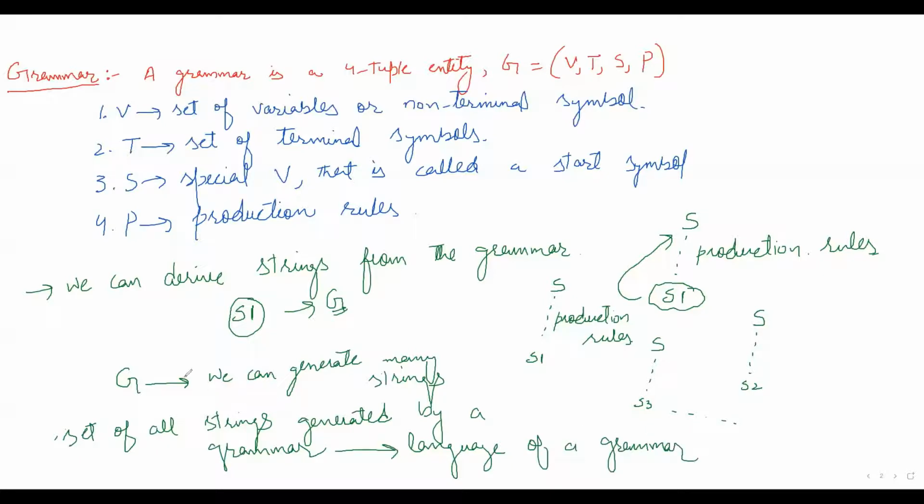Okay. So for example, here I am saying the grammar is G, and these are the strings generated by this grammar. Then the language generated by this grammar, or we can say the language of this grammar, will be the set of strings that are generated by this grammar.